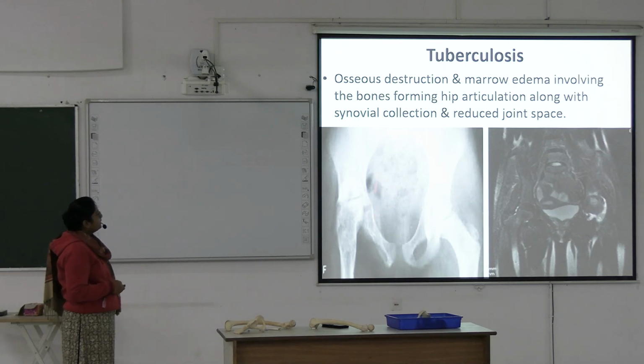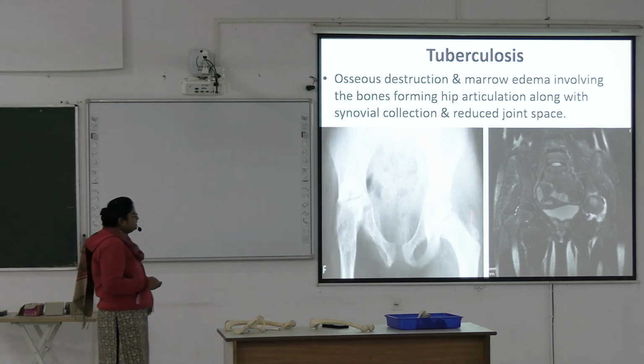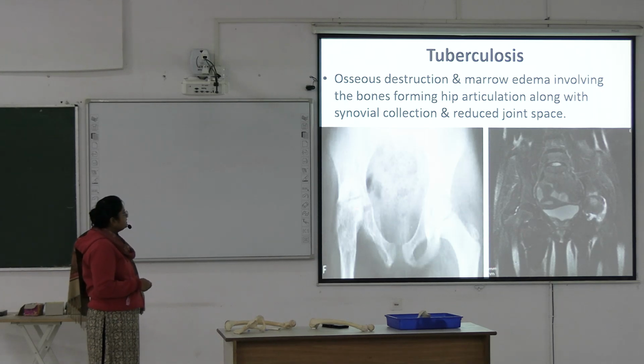There is reduced joint space and there is marrow edema. This bone marrow is showing edema. It is more black in color. And osseous destruction, it is less white than the normal side. See, this is the normal side, it is less white because of this osseous destruction.